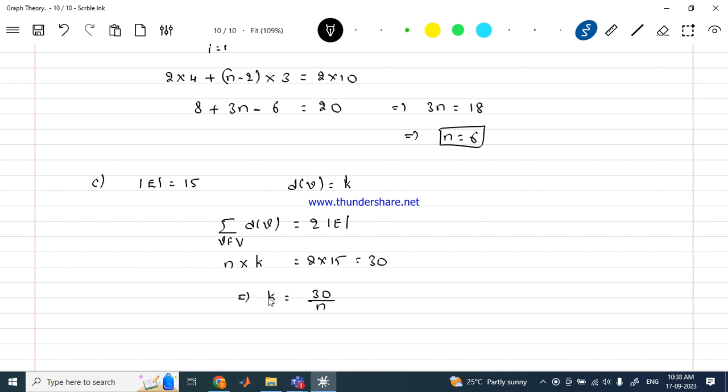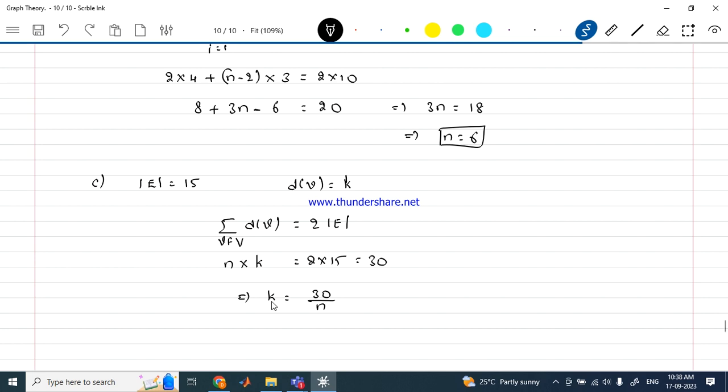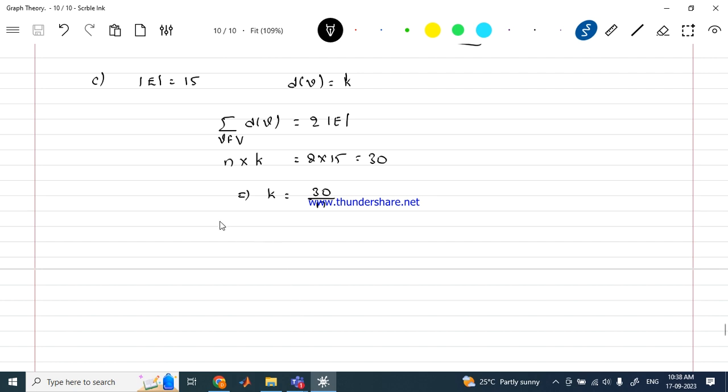Now the question is, what is k? K is degree. So degree cannot be a fraction. Degree is always a positive integer. n is also a positive integer. Now the question is, what should be the value of n for which the value of k remains an integer?